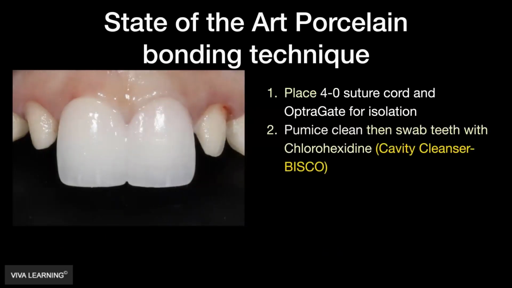I will isolate with an OptraGate and a 4/0 suture cord. Okay. The 4/0 suture cord is placed inside the sulcus so that I'm able to soak up gingival crevicular fluid and lift that tissue slightly to expose the margin. But the more important reason, you can see here how I'm able to control all of these factors. You see right here, a little bit of bleeding, but no problem.